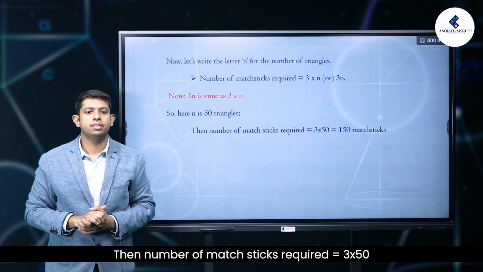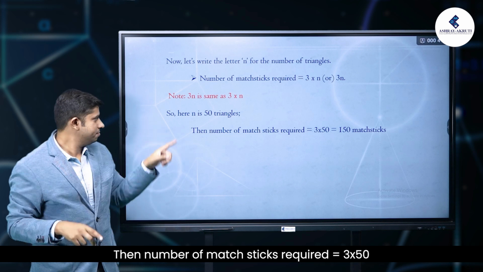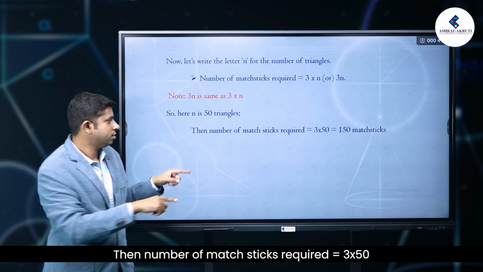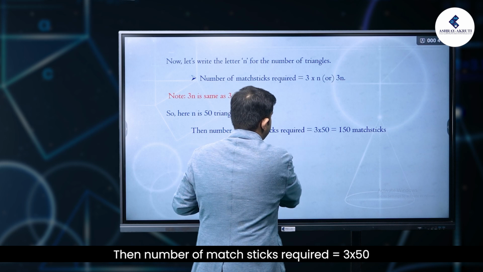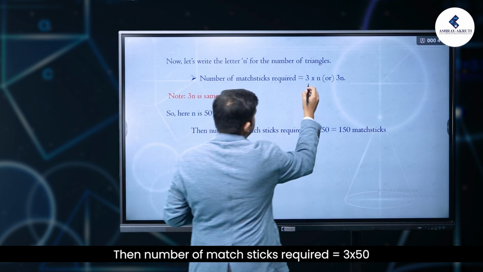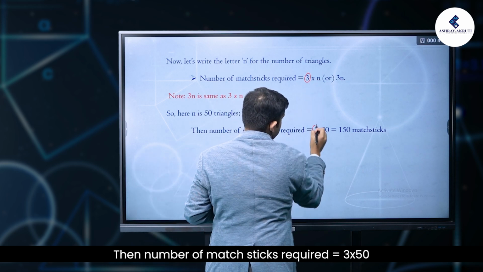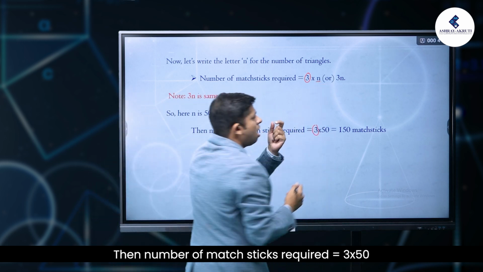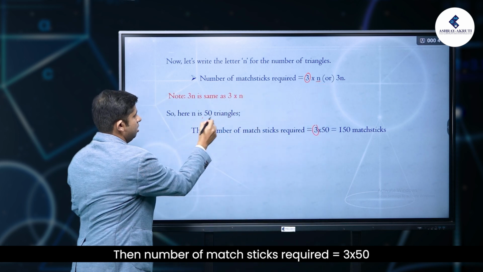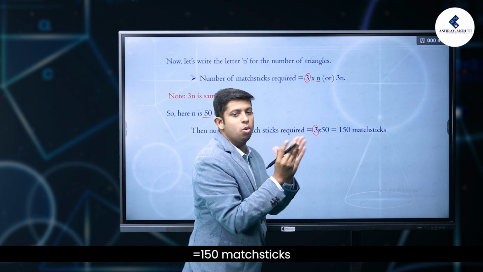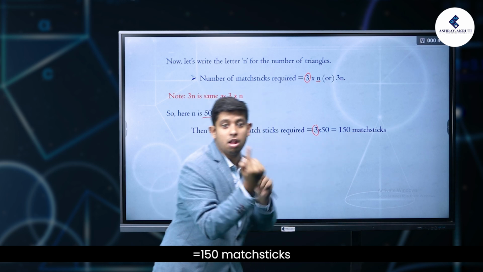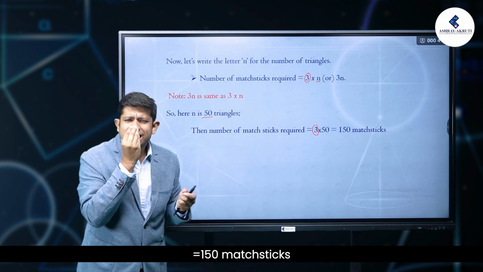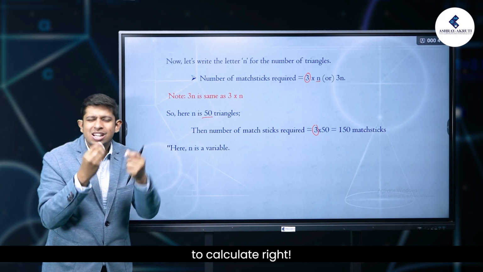The number of matchsticks required is equal to 3 into 50, is equal to 150 matchsticks. This is simple and easy to calculate, right?